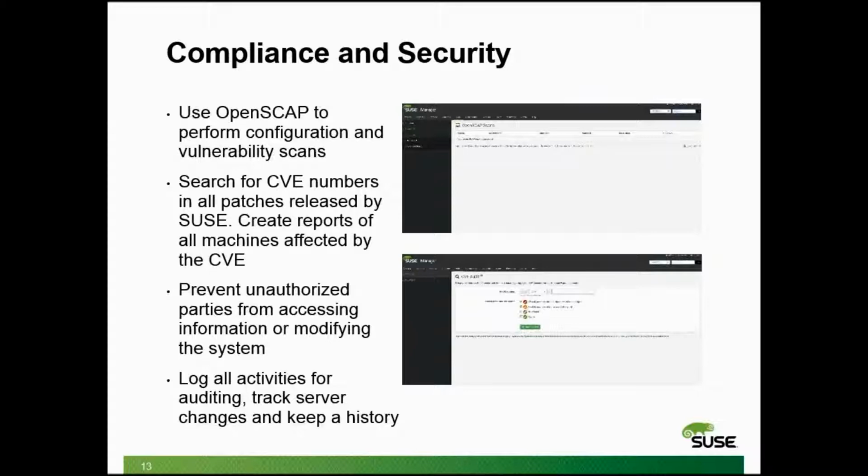So also for Linux, of course. And those numbers are then used by us when we deliver a patch to our customers, and SUSE Manager can download all that data, and you can very easily identify which machines need what kind of patch. You can create reports of all the machines that are affected or already fixed.